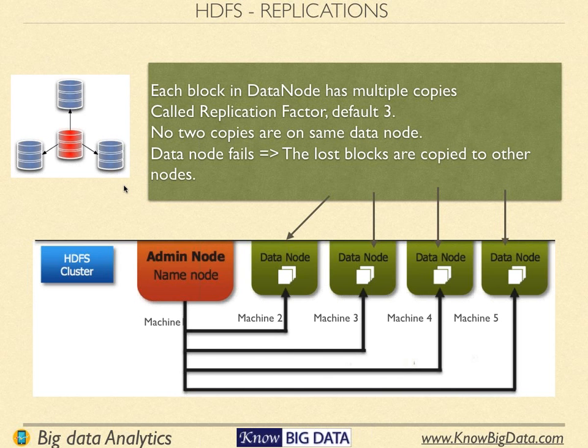But if it's on 3 copies, which means 24 nodes, out of 24 nodes, exactly those nodes going down which have the copies is very, very low. Therefore, it's better to have three replication as compared to two, because the chances of two nodes going down is far higher.